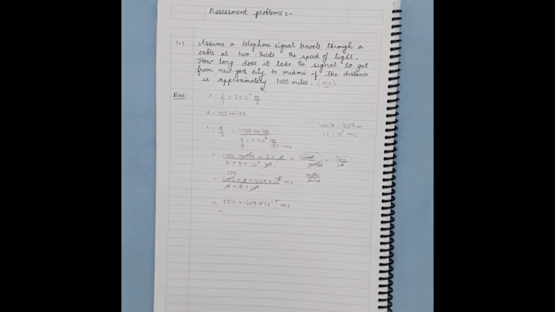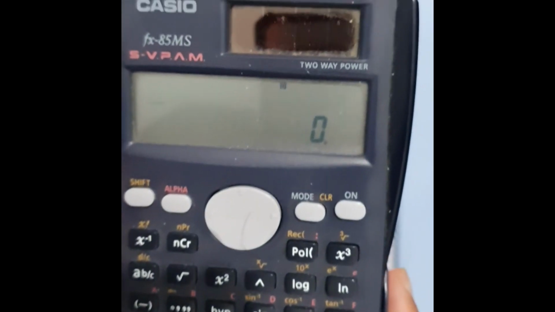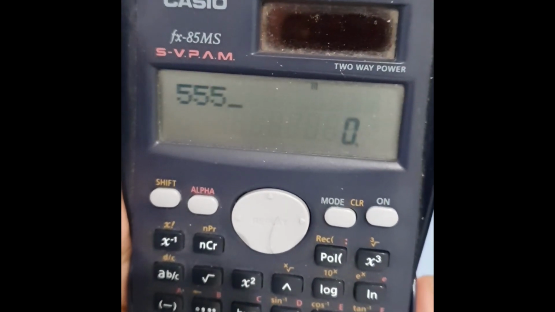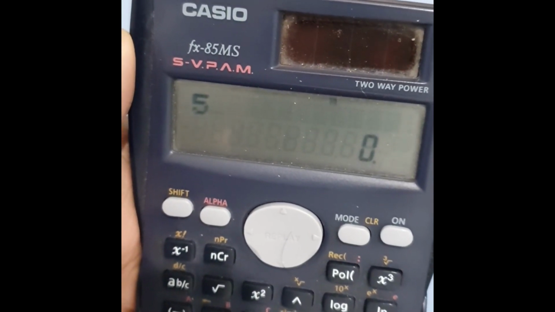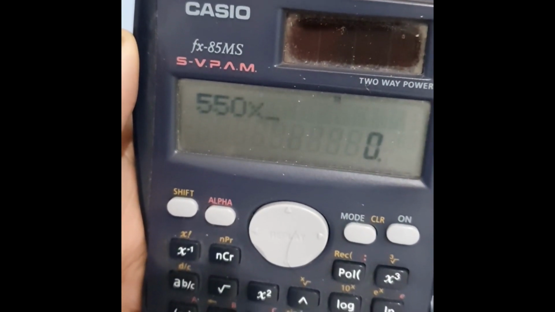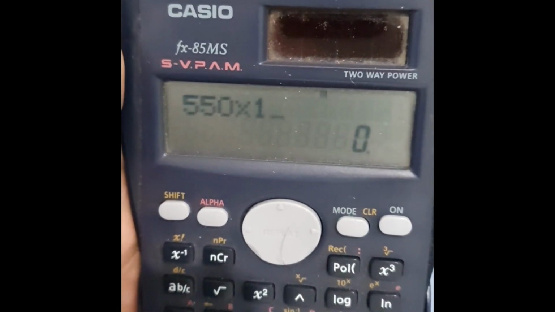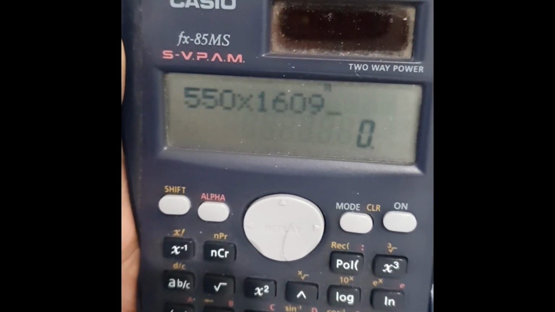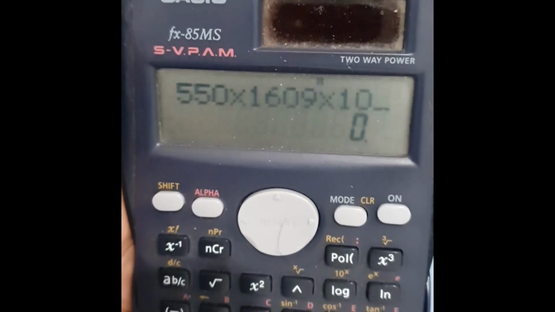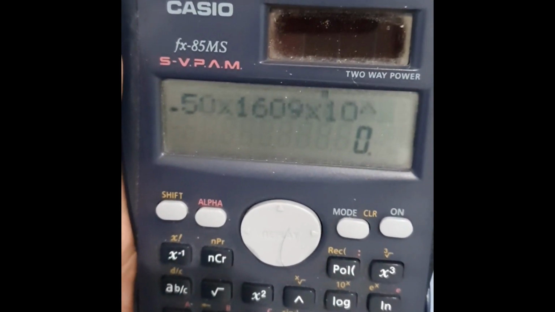Let me show you in my calculator: 550 into 1609 multiplied by 10 raised to minus 5.